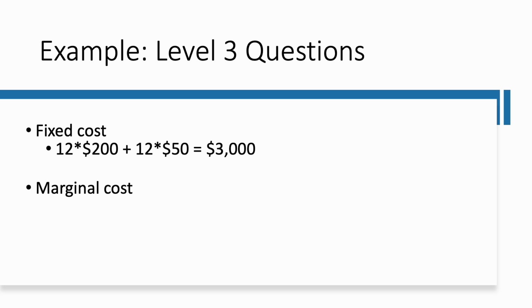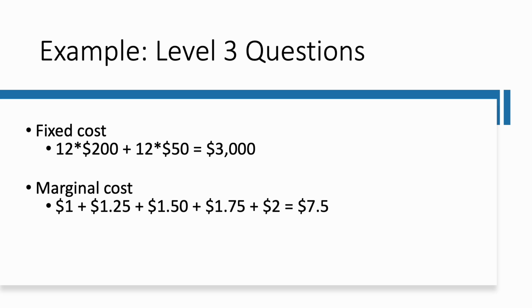For marginal cost, just simply sum up all the marginal cost given. This totals $7.50. And finally, for total cost, this is the sum of fixed cost and the total variable cost given in the scenario. So the total is $3,100.